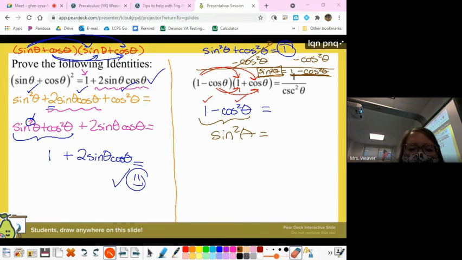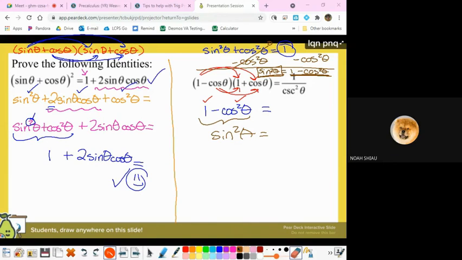Okay. See, when you guys don't share your slides, I just have to call on you with or without seeing your work to give you a chance to help us out. So Noah, what do you think? How can we get from sine squared theta to 1 over cosecant squared theta? What are you thinking, Noah? Sorry, give me a second.